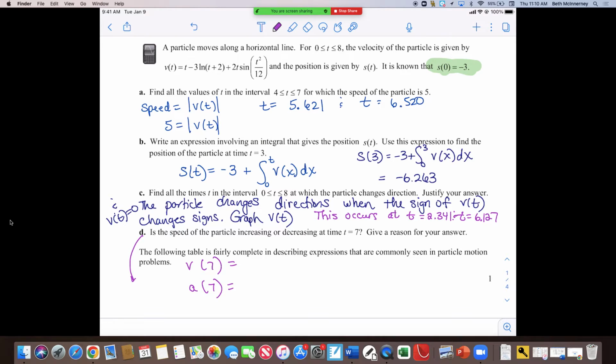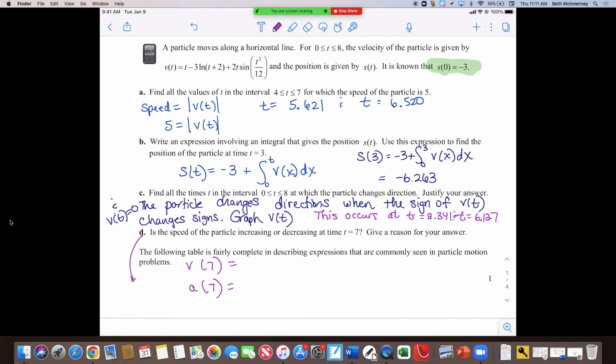If velocity and acceleration have the same sign, then the particle is speeding up, or the speed is increasing. If velocity and acceleration have the opposite signs, then the particle is slowing down, or the speed is decreasing.